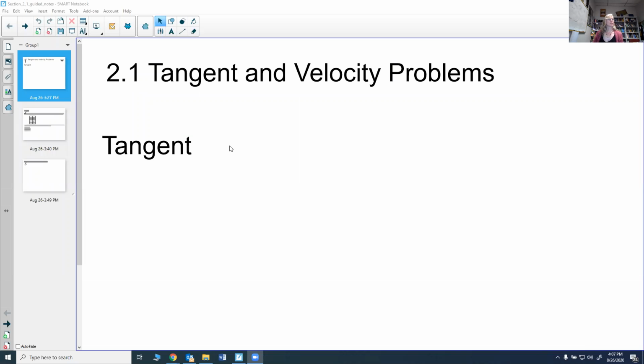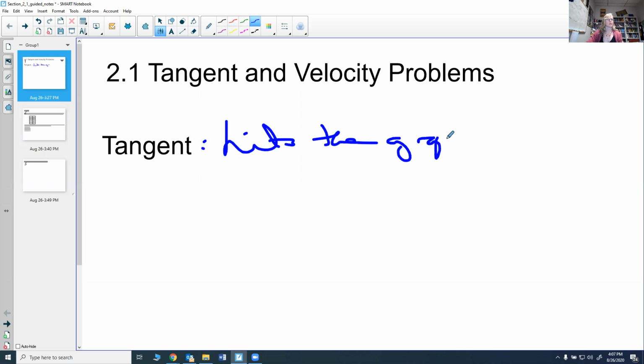Okay, so this is the start of calculus. We're going to talk about a concept called a tangent. A tangent is where it hits the graph only once.